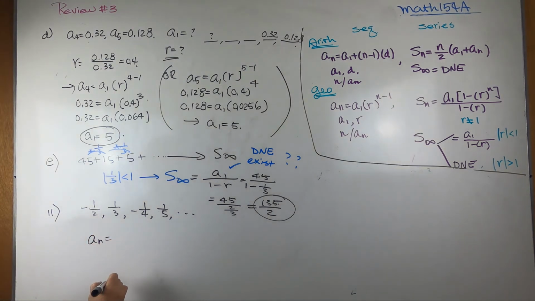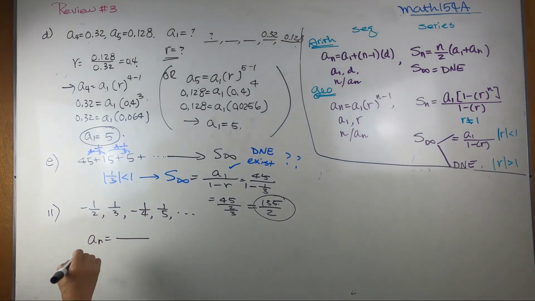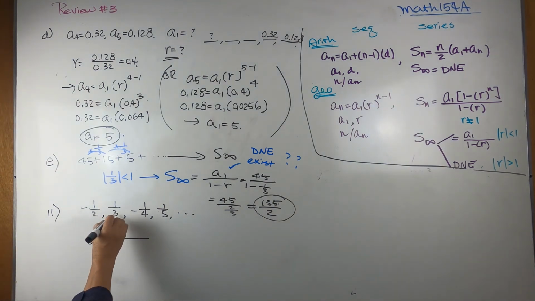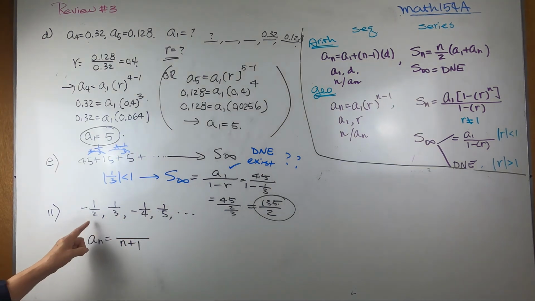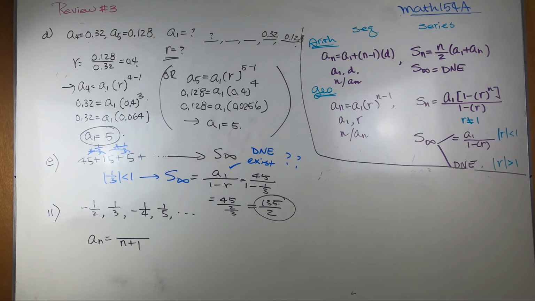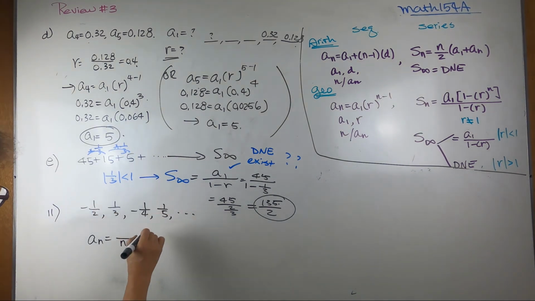So what do we have? An equals what? The bottom: when n is 1, it's 2. When n is 2, it's 3. So it's n plus 1, right? The denominator is 1 more than the position. The top one is -1, +1, -1, +1.